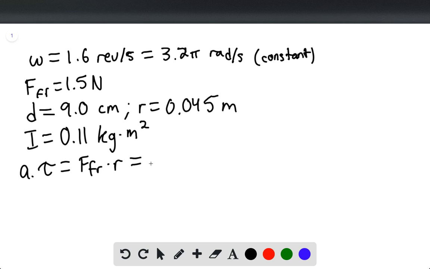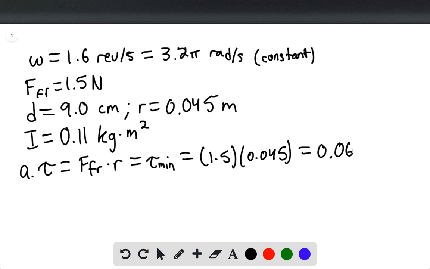So this would equal T min. And we can simply solve, and this will be 1.5 times 0.045, and this will equal 0.0675 Newton meters. So this will be your answer for part A.